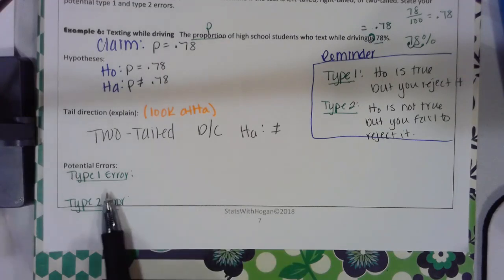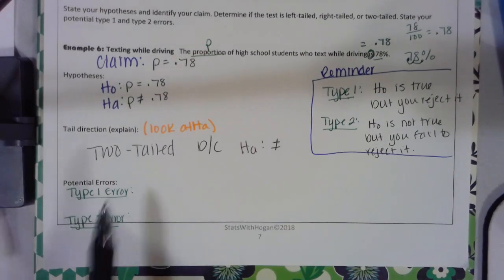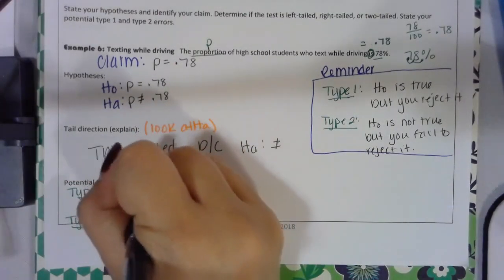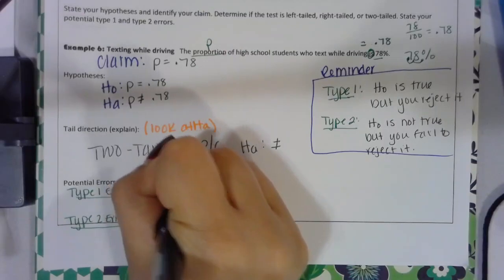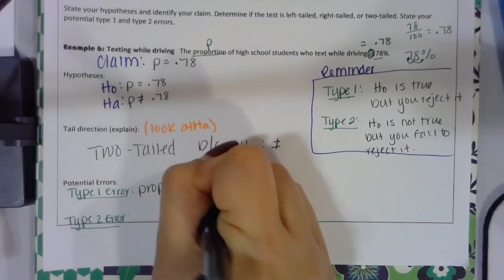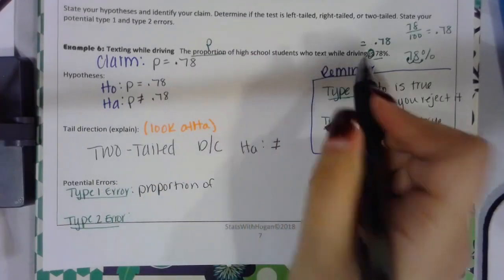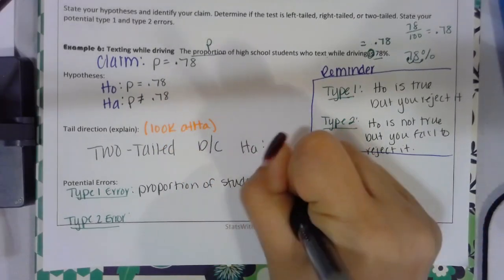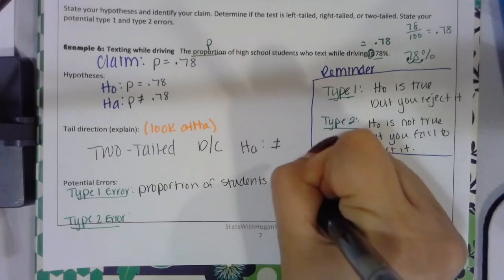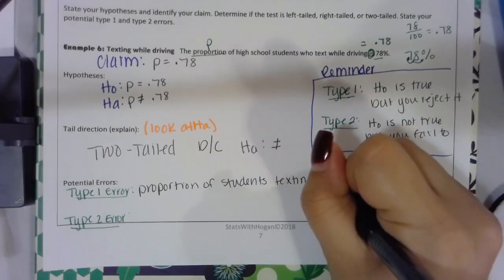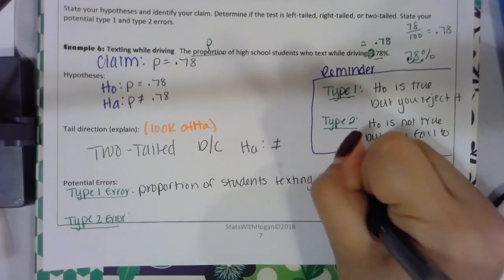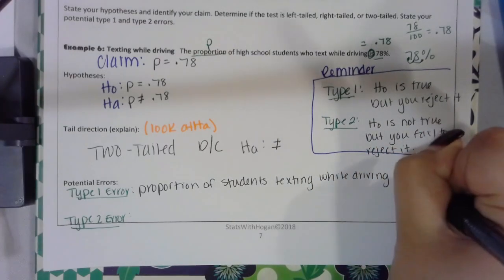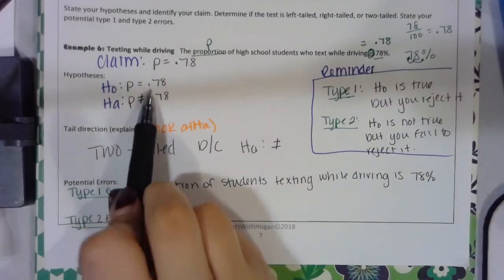So in this case, our type 1 error would be, if H0 is true, that means the proportion of students texting while driving is 78%, because that would mean H0 is true.